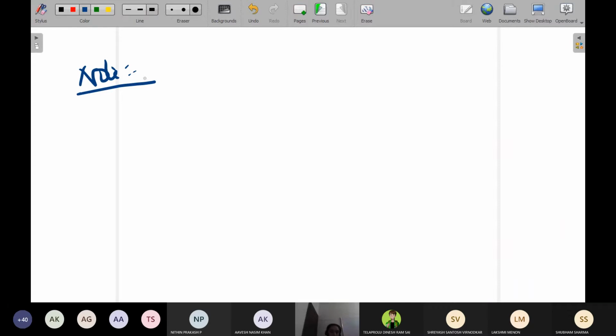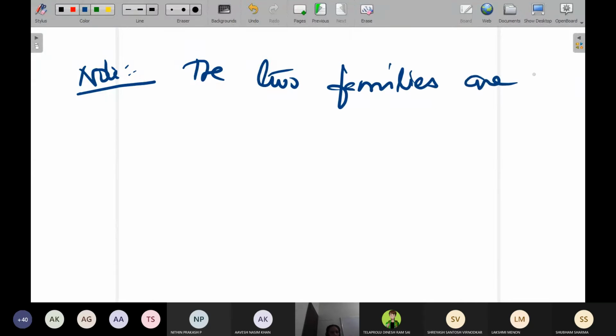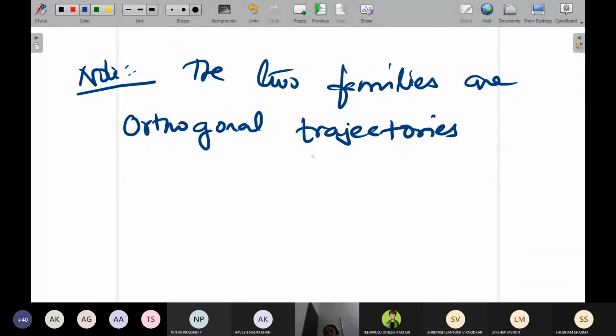The two families are called orthogonal trajectories to one another.